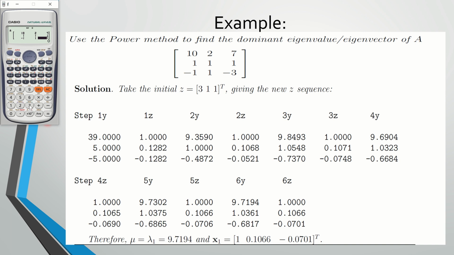You can do it directly or you can simply use that negative sign as well. So we have minus and then 3, equal. So we have this matrix. I presume I have written the right numbers. The first number is 10, the second is 2, 7, 1, 1, 1, minus 1, 1, and minus 3. That's right. Okay, so we have this matrix now.